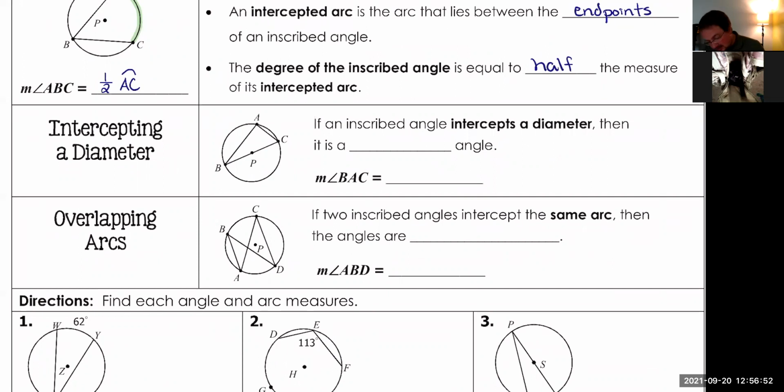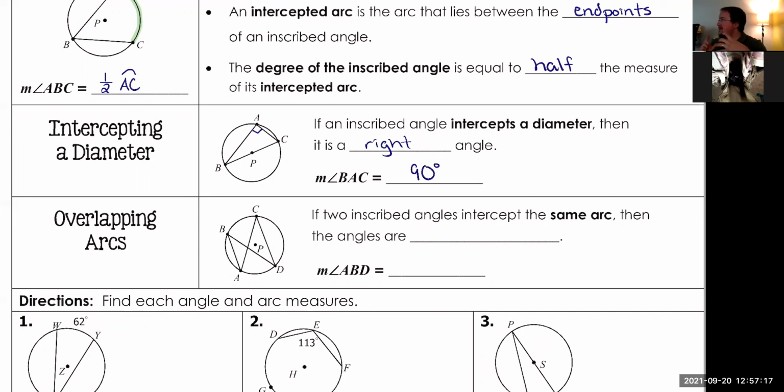If an inscribed angle intercepts a diameter, then it is considered a right angle, automatically. So in the example provided here, the measure of angle BAC is going to be 90 degrees, which hopefully doesn't shock us too much because a diameter forms two semicircles.